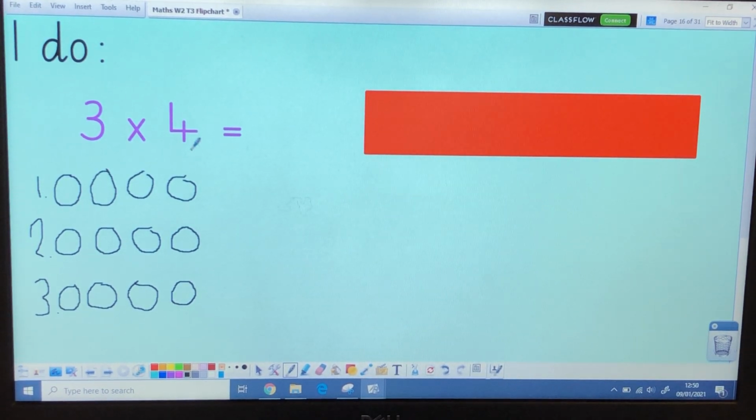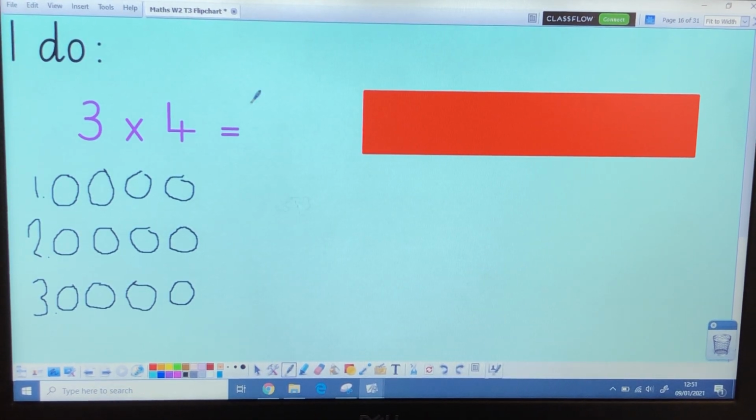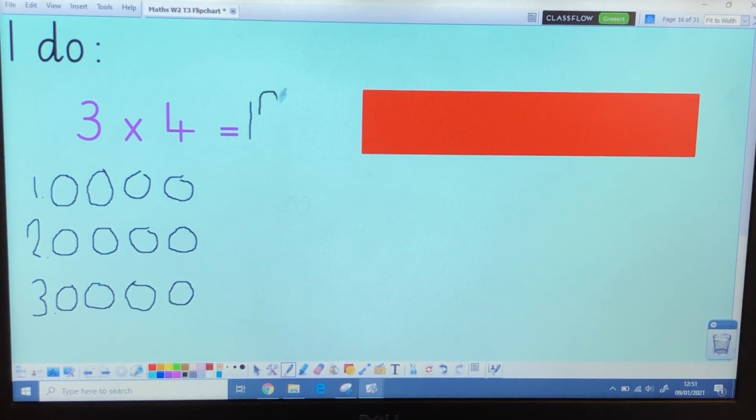Okay, so I've got 4 in each of my 3 groups. I've got one group here, one group here, and one group here. So all we need to do now is count up the circles to find our answer. 1, 2, 3, 4, 5, 6, 7, 8, 9, 10, 11, 12. So our answer is 12. 3 times 4 is 12.